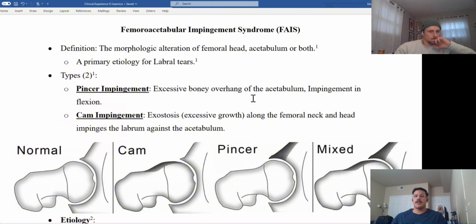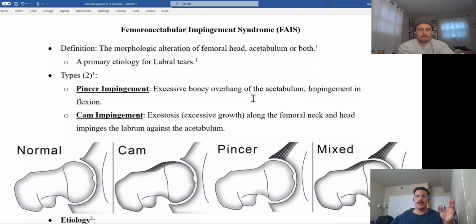FAI is specific to morphological changes of the bony joint. If you get into the soft tissue differentials, that is going to be other things in their own realm, and we'll talk a little bit about that.